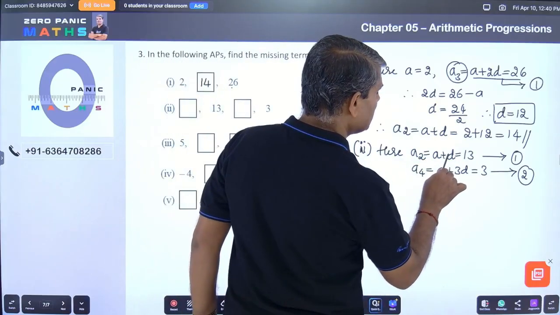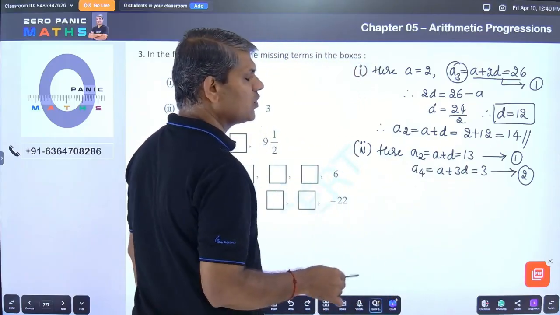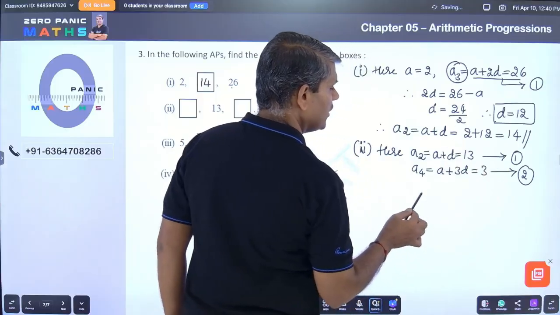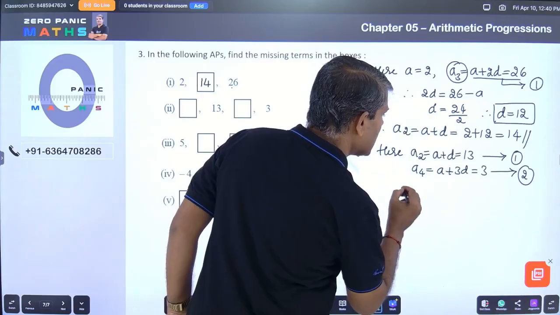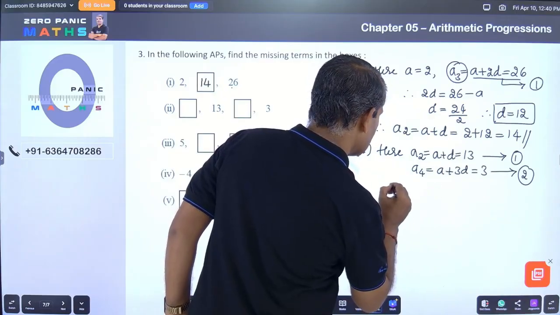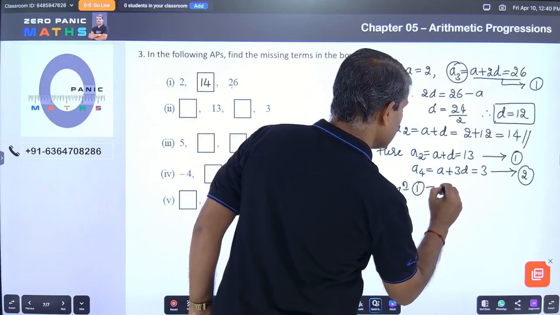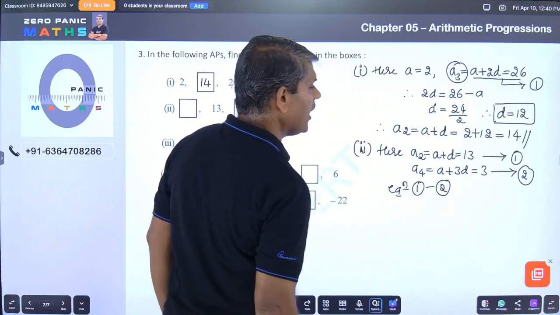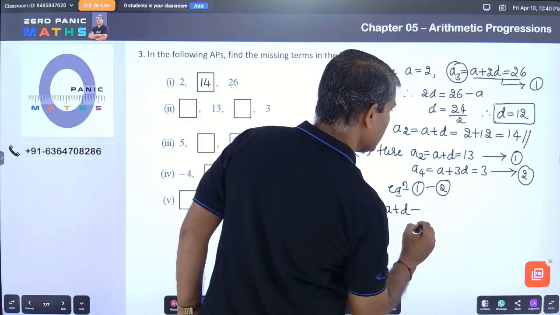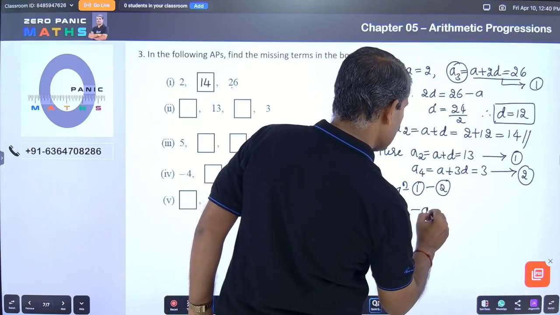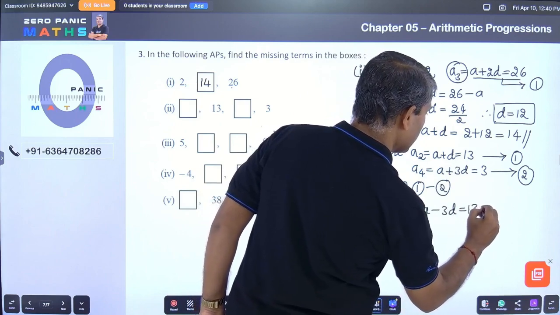Let us subtract equation 2 from 1, or 1 from 2, anything you can do. Equation 1 minus equation 2. That is A plus D minus A minus 3D is equal to 13 minus 3.